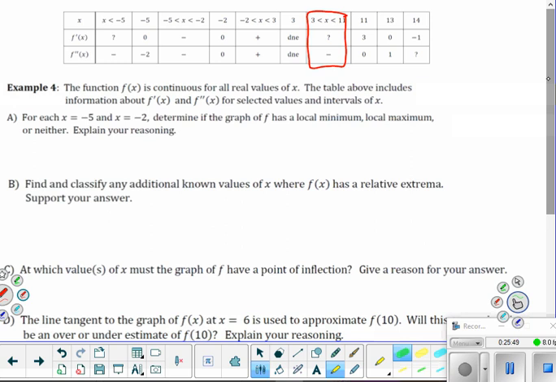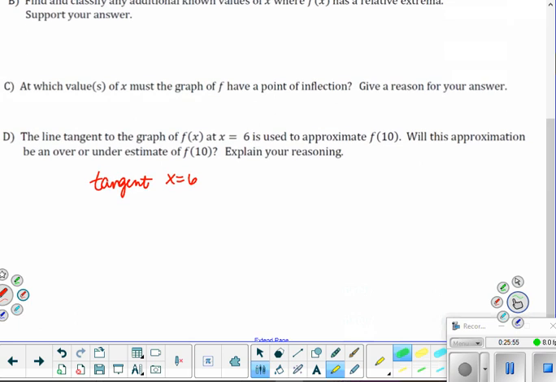And I do know the second derivative is negative when we are in that interval. So I know that f double prime of 6 is less than 0, which implies concave down.